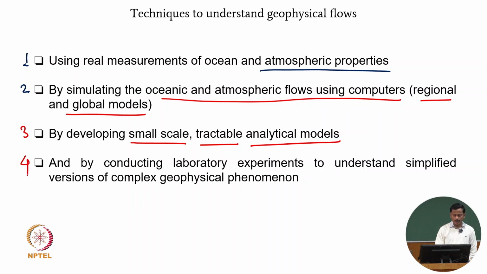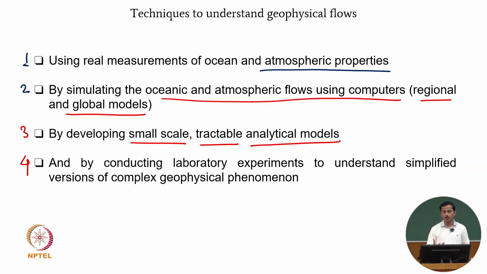Number 4, by conducting laboratory physical experiments to understand a simplified version of complex geophysical phenomena. For example, there is a certain type of instability that is happening. We can set up a laboratory experiment and do some measurements.